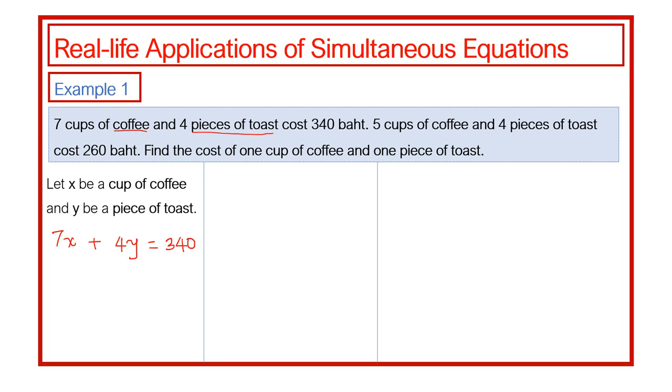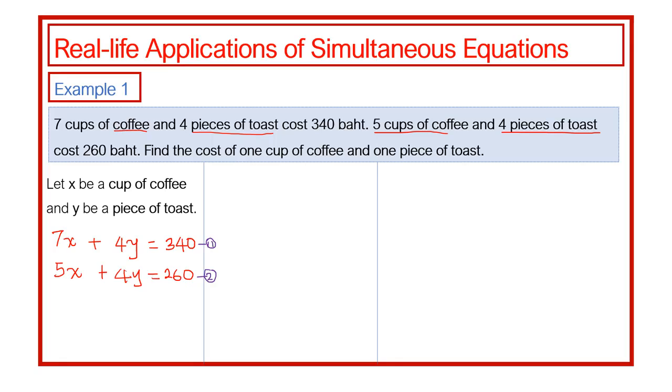And we say that 5 cups of coffee, we can write that as 5x plus 4 pieces of toast, we say 4y is equal to 260 baht.